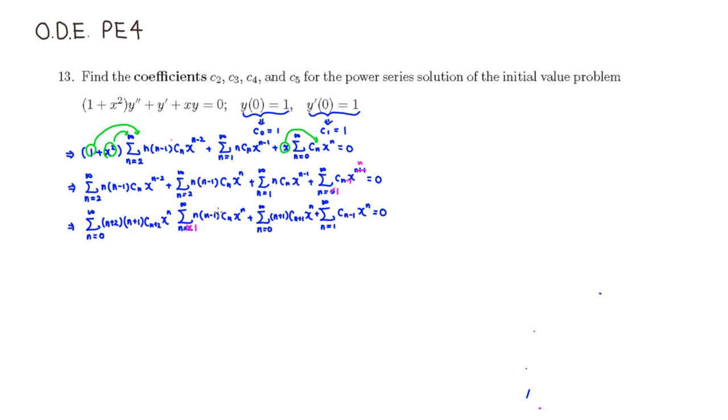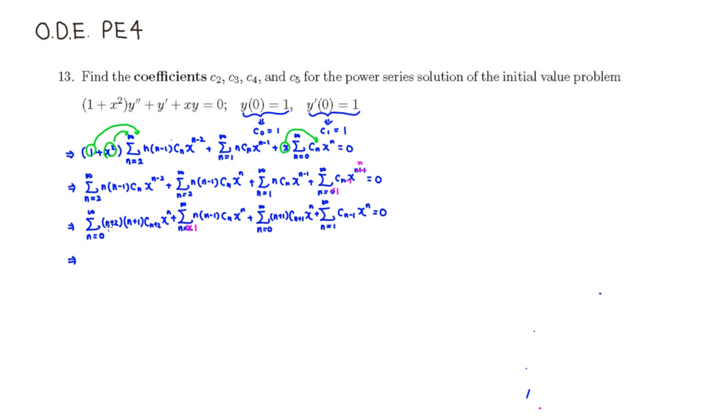The other ones we have to take care of, so I'm going to write it this way. I'm going to put everyone starting from 1, but there are 2 extra terms here. This summation has n equals 0, and the third summation has n equals 0. So I'm going to pull those out.